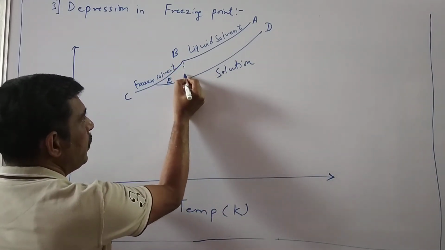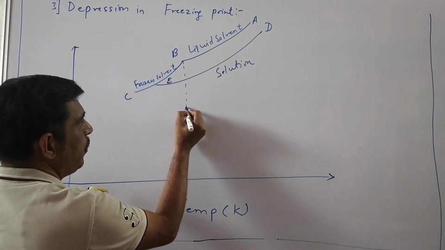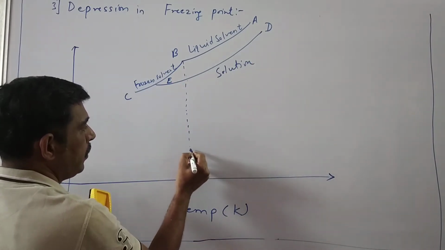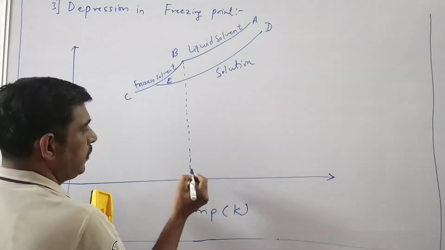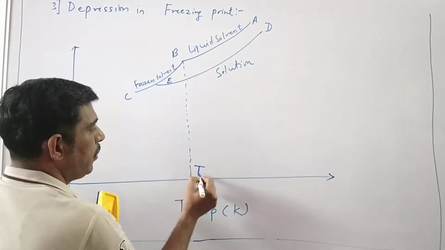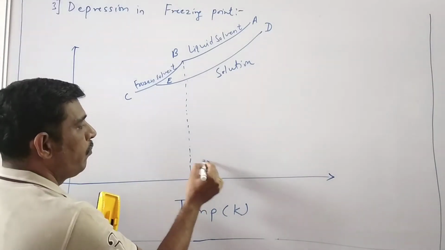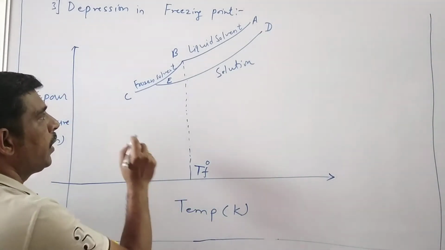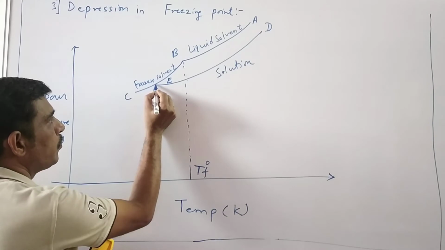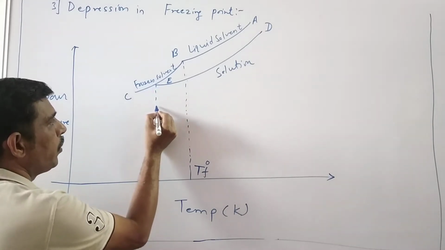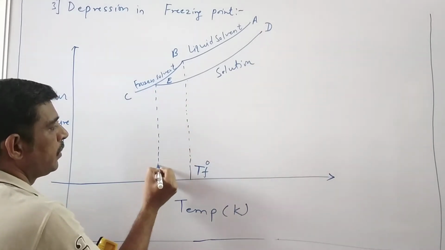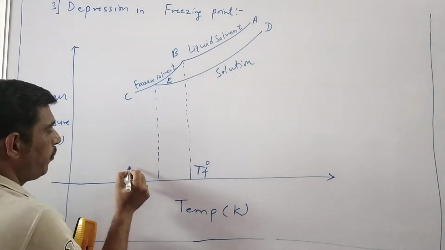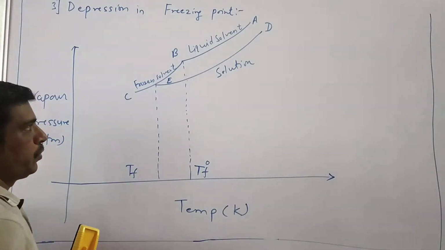If we draw a perpendicular line on the x-axis, this will be the freezing point of the liquid solvent or pure solvent, and from point E, we will get the freezing point of solution.